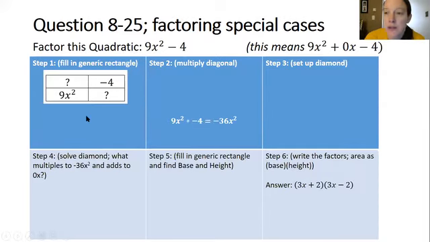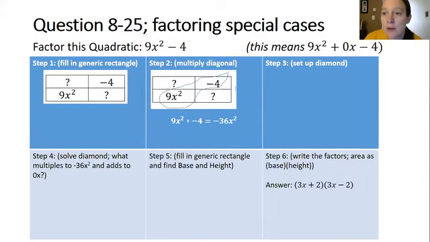Okay, so first step is always the same. Make yourself a generic rectangle. We have 9 large x squared tiles, and we have -4 units. Okay, step 2, multiply the diagonal, and 9x squared times a -4, you got to pay attention to the negative here, is -36x squared.